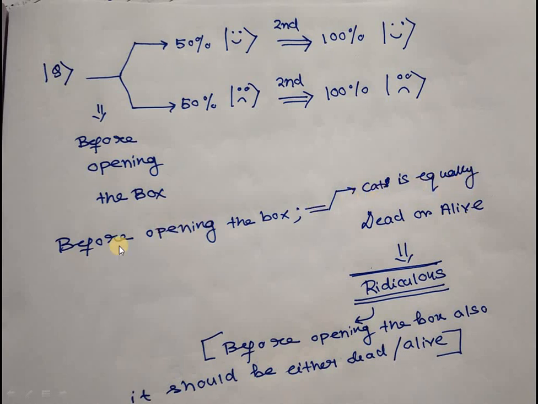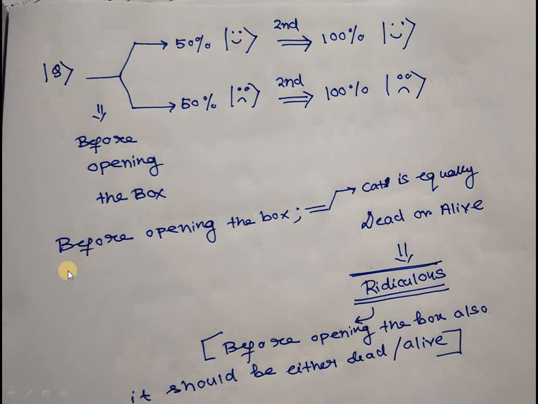So by doing this thought experiment, Schrodinger has shown that there is some problem in the theory given by Copenhagen, that the wave function, which is basically a linear combination of two wave functions, will collapse into one of these eigenfunctions.